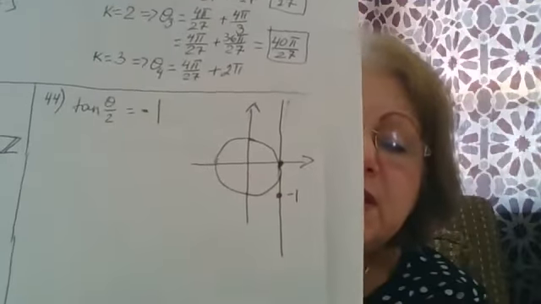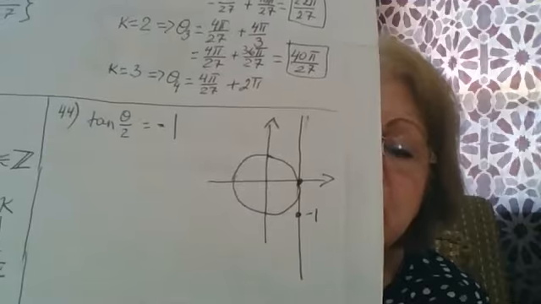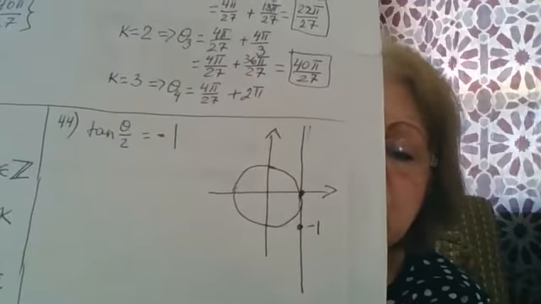Yes. The radius of that circle is 1. So basically, -1 is right here below the x-axis. Can you see where I wrote down -1? Yes.